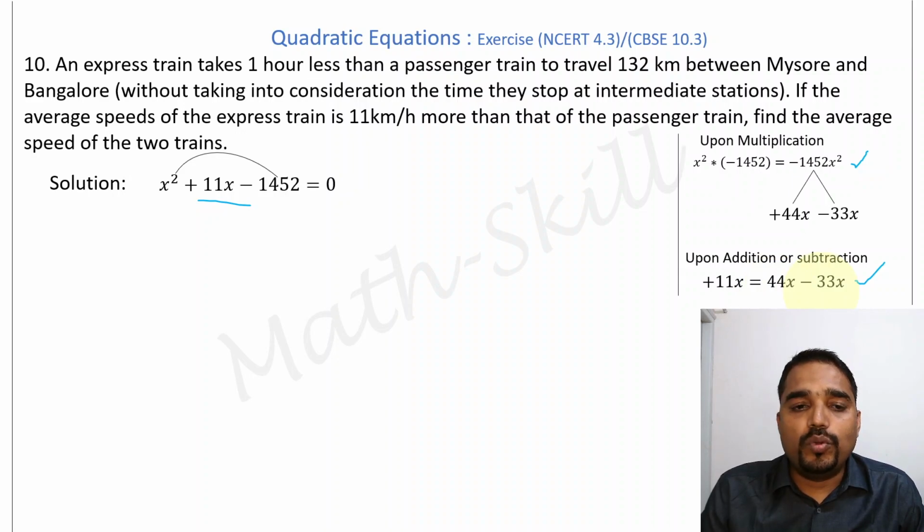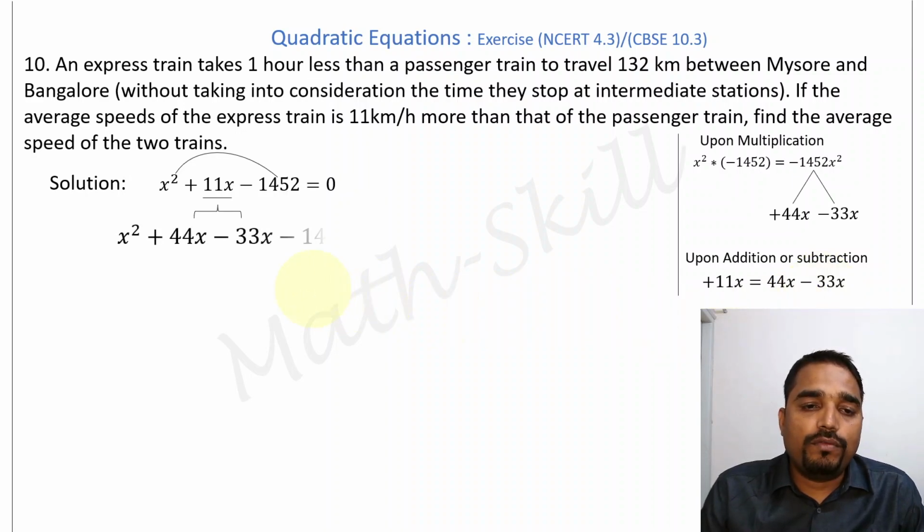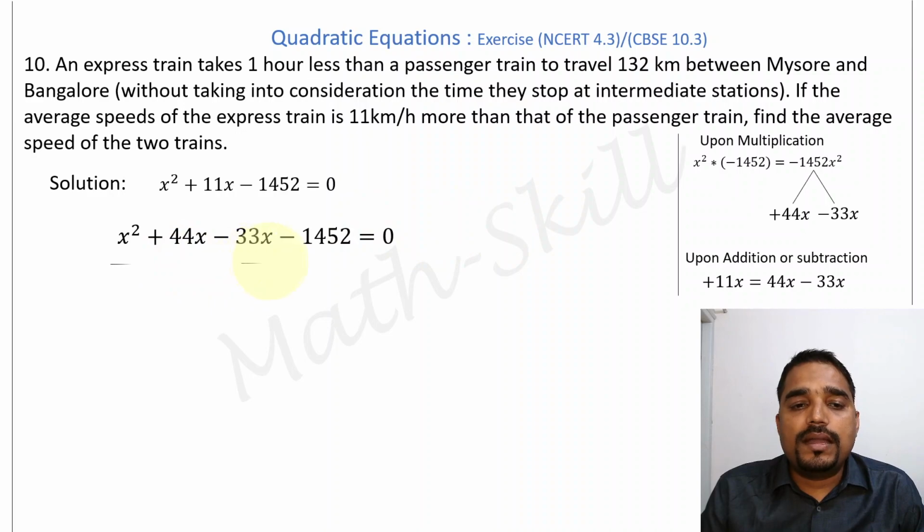Now let us see how to do that. The middle term is split into two terms, plus 44x and minus 33x. That is, x square plus 44x minus 33x minus 1452 is equal to 0. Now we take common factors between the first two terms and the last two terms.